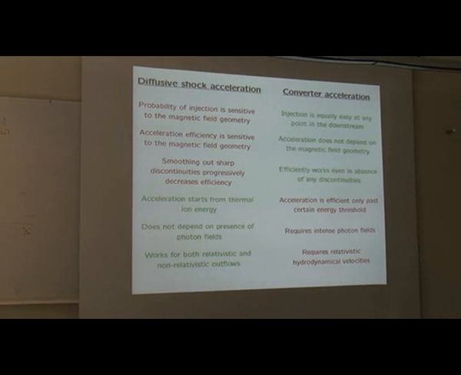Then it definitely falls in the fast cooling regime. Therefore, we know the spectra: fast cooling spectra, which is actually not the case. So you can invent some tricks to avoid this, I believe.